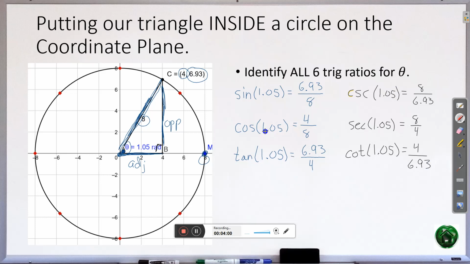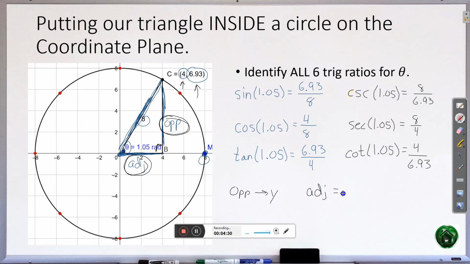So one important concept to get from this exercise, if you caught it, is the fact that our opposite side is our y value, and our adjacent side is our x value. That's worth writing down. The opposite side is the same as the y.